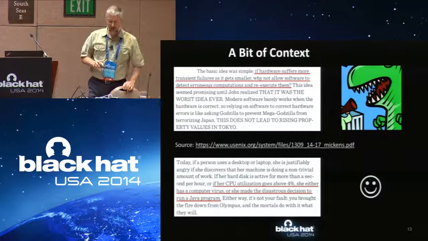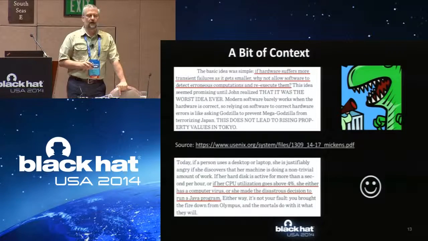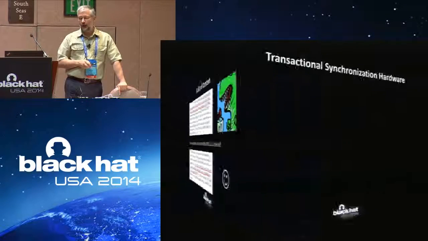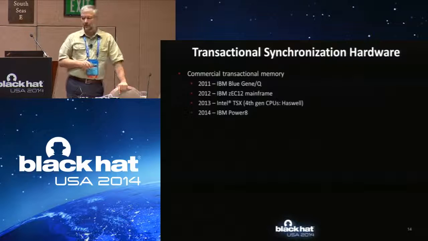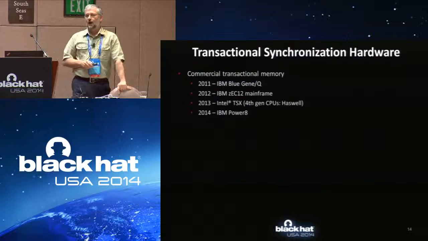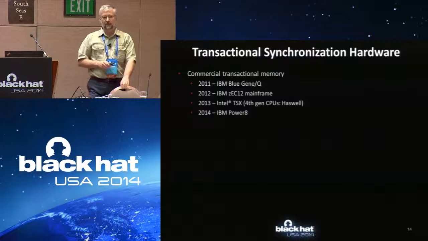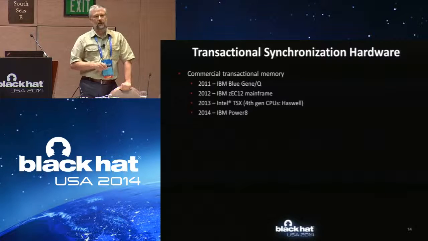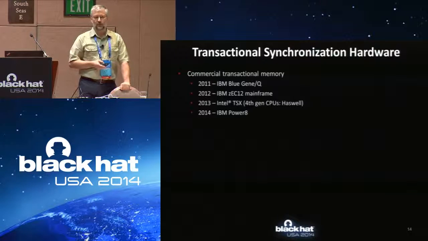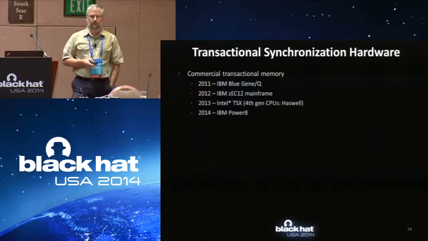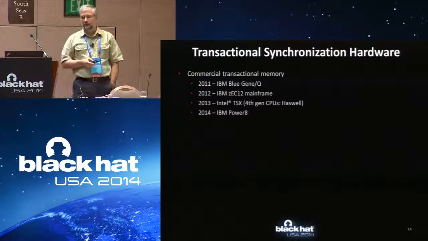But the main idea is letting hardware execute and trap if an error, like a real read-write conflict, occurs. And the realization that it would actually speed up computations, and some modeling was obviously made, was achieved several years ago, and the first hardware with this capability came from IBM in Blue Gene computer in 2011.